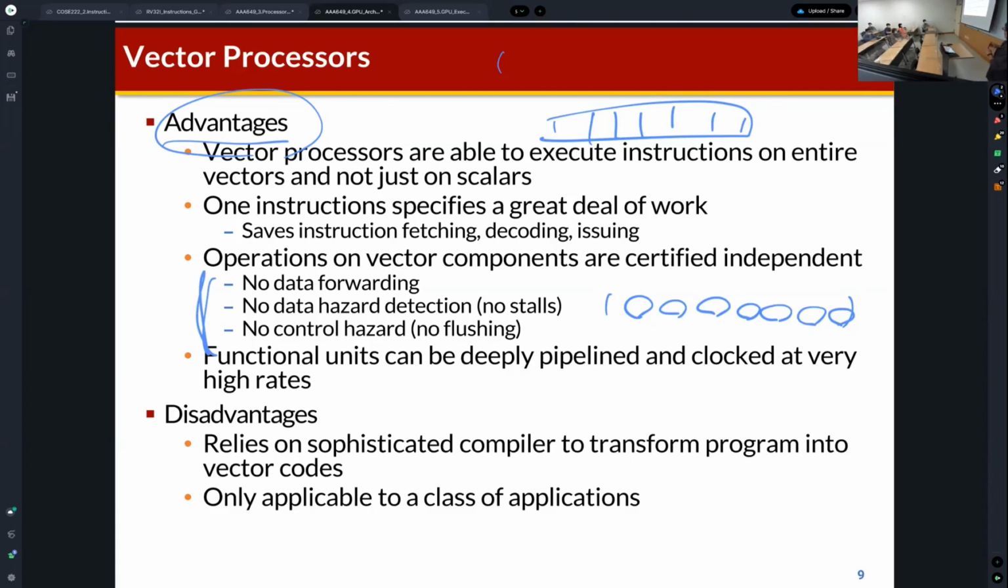So this processing engine architecture does not consider control hazards. The data hazard and the control hazard are the main performance bottlenecks of a processor, right?